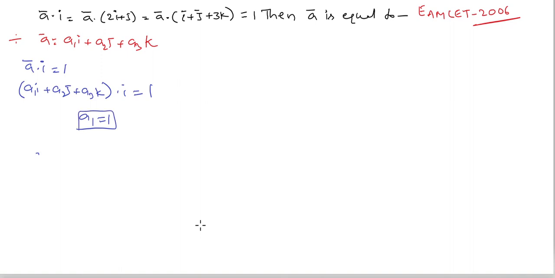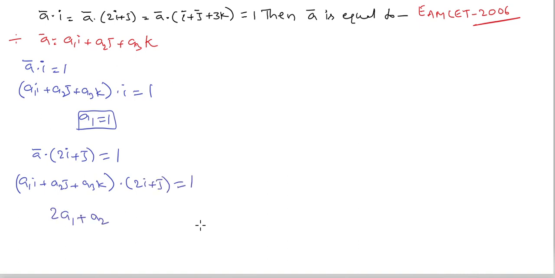And the second relation, that is A bar dot (2i plus j) is equal to 1. A bar is a1 i plus a2 j plus a3 k dot 2i plus j equal to 1, that is 2a1 plus a2 is equal to 1. Already a1 is 1, substituting in this, 2 plus a2 is equal to 1. From this, a2 is equal to minus 1.